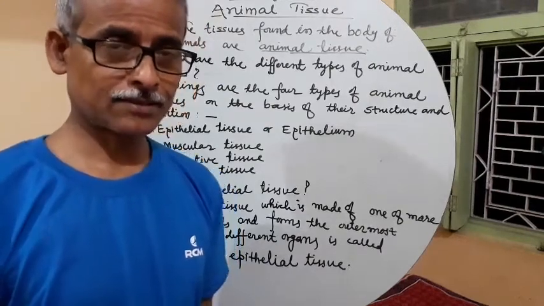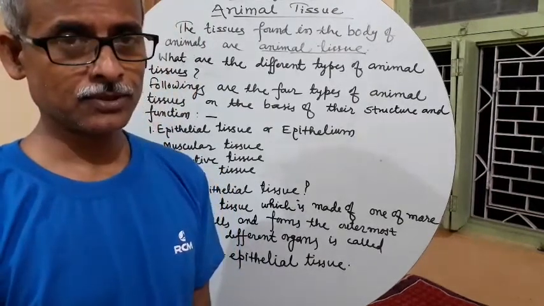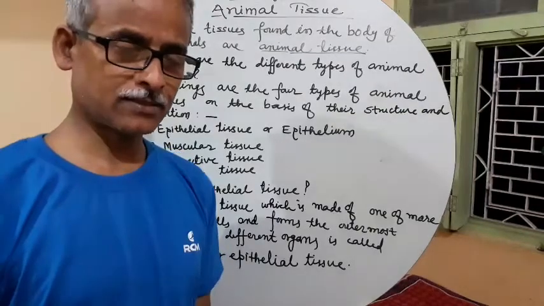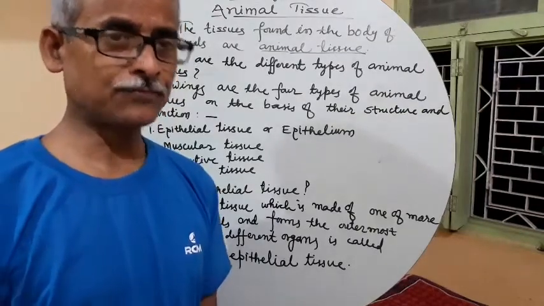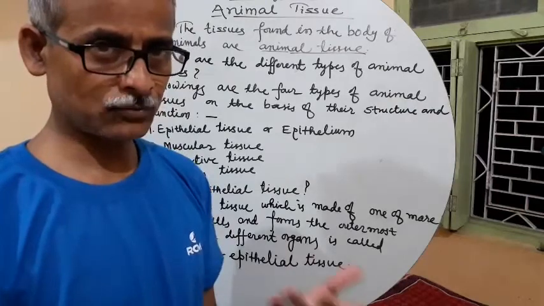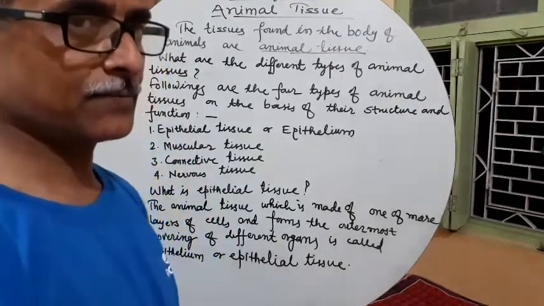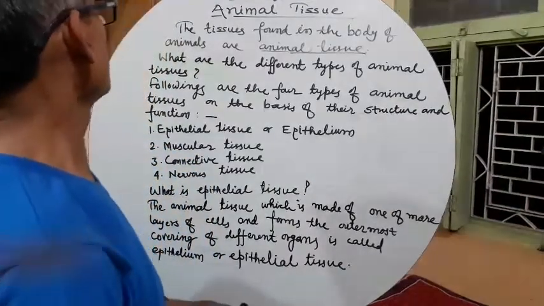Yes, there are many types of animal tissues because there are different organs, and there are different types of functions they have to do, so they have different types of tissues.